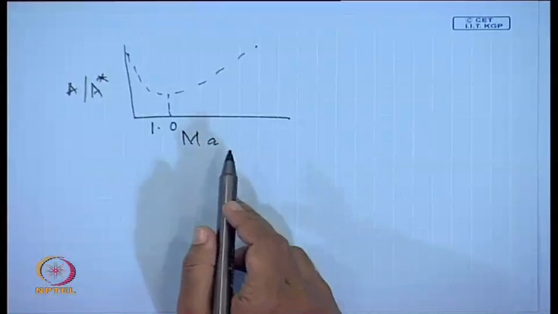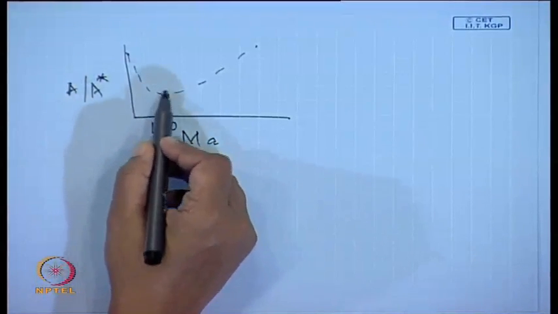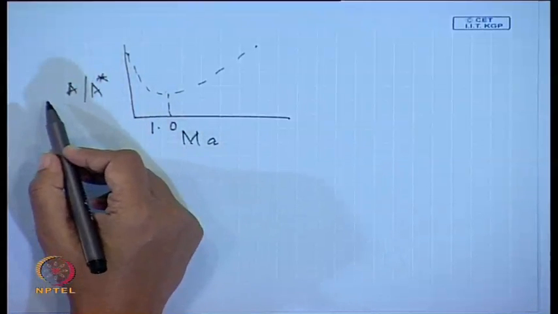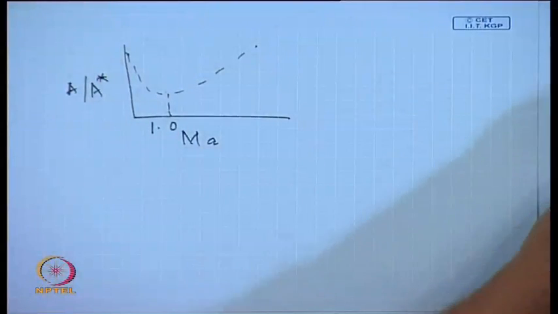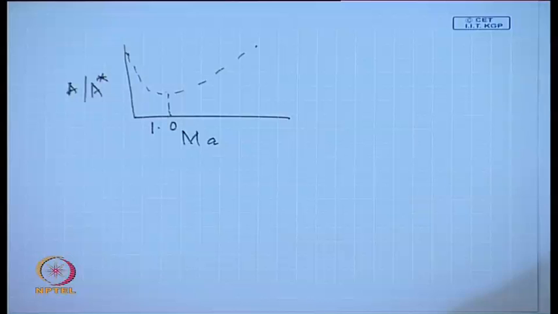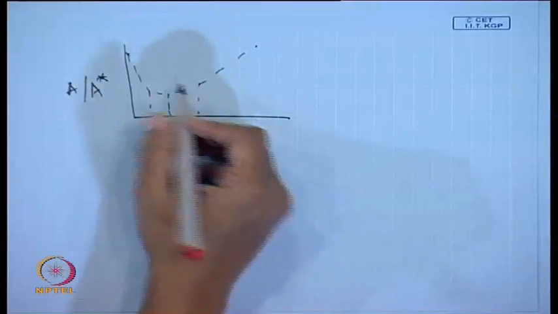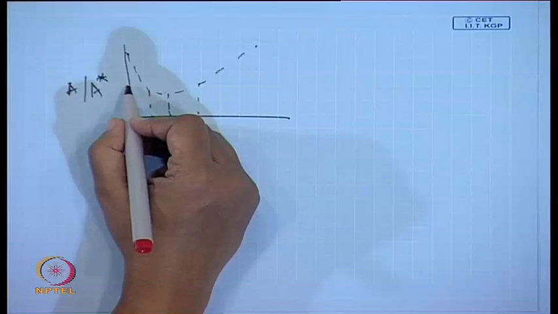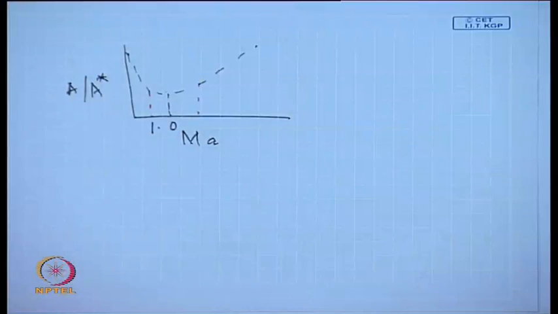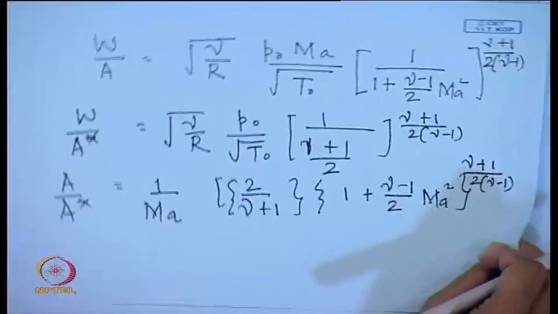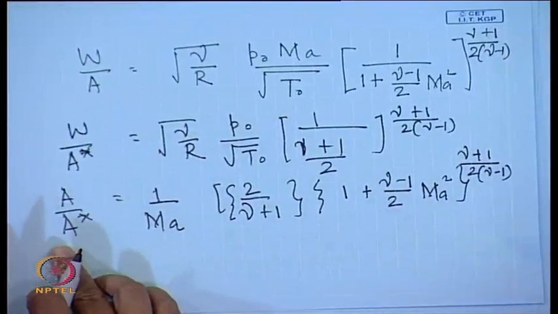We find that for every Mach number there is a unique A by A star. Listen to what I am telling very carefully. For every Mach number, if you take any particular Mach number, you find a unique value of A by A star, okay? And this is very much evident from this particular equation also. For one Mach number you get a unique A by A star, agreed?